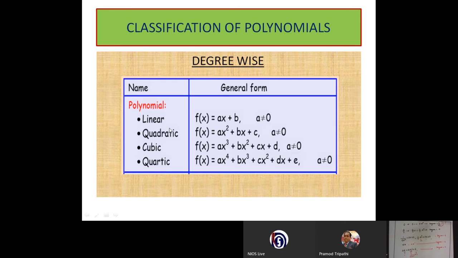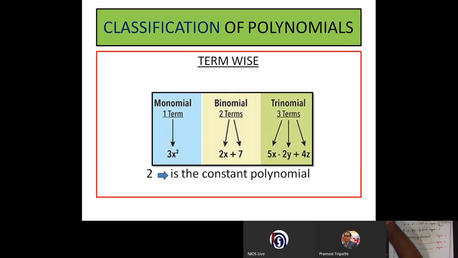For example, x plus y, or the earlier example, in the case of trinomial, 5x minus 2y plus 4z. There are three variables here, x, y, and z. The exponent of x is 1, the exponent of y is 1, and the exponent of z is also 1.